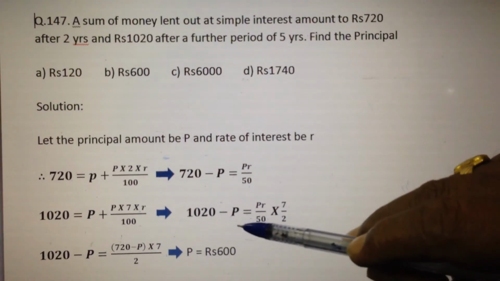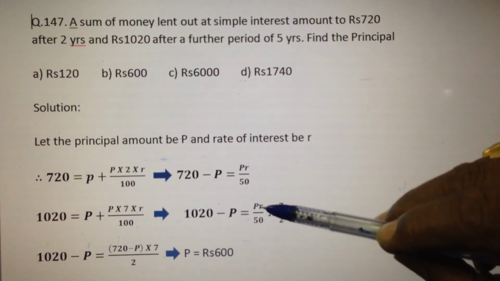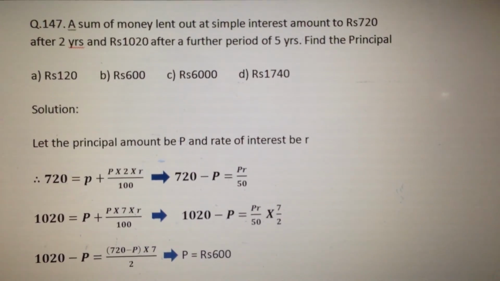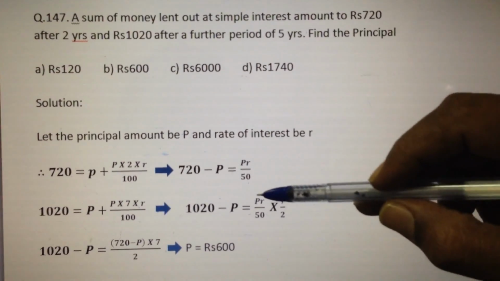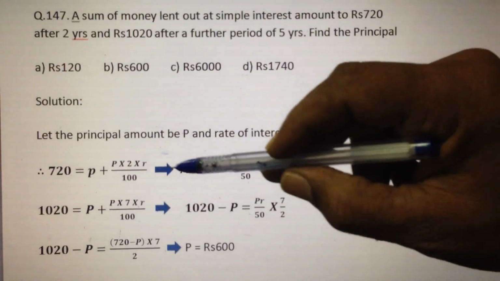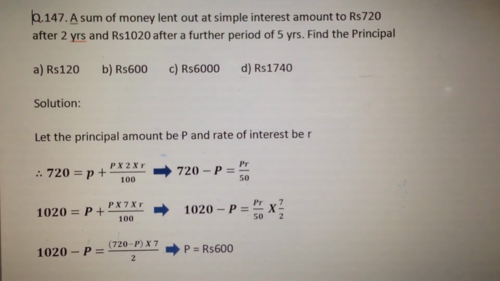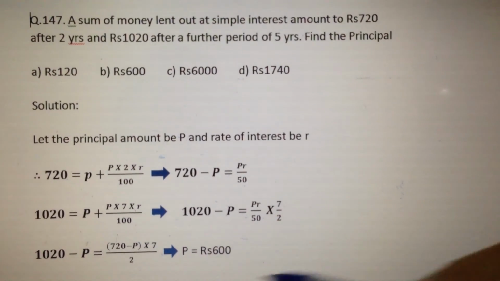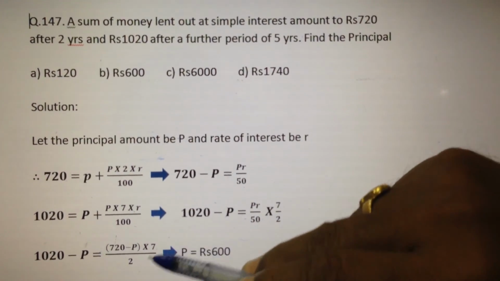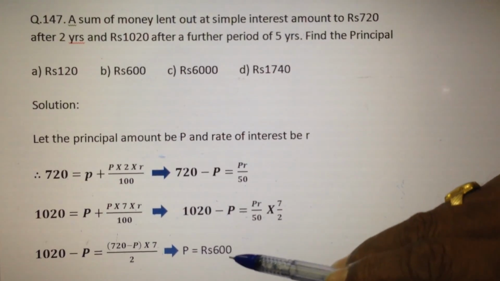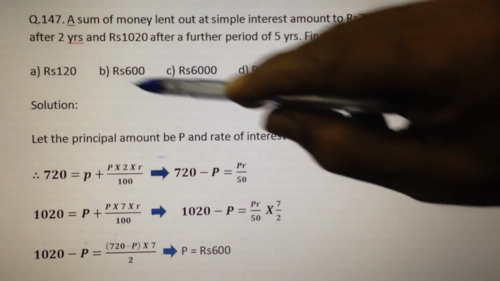Therefore, 1020 minus P is equal to PR by 50 into 7 by 2. We know the value of PR by 50, which is equal to 720 minus P. Let us substitute that value here. Therefore, 1020 minus P is equal to 720 minus P into 7 by 2. Therefore, P is equal to rupees 600. Therefore, our answer is option B.